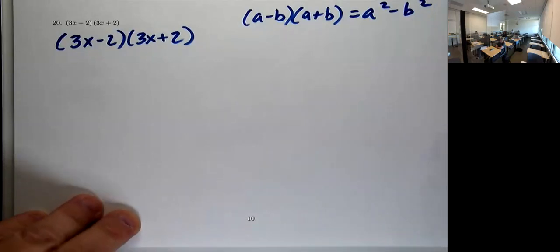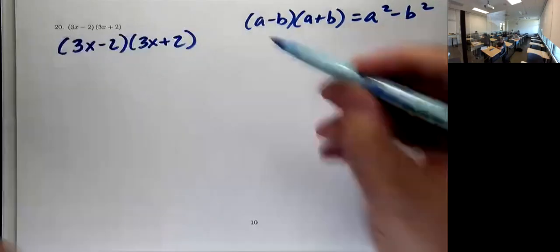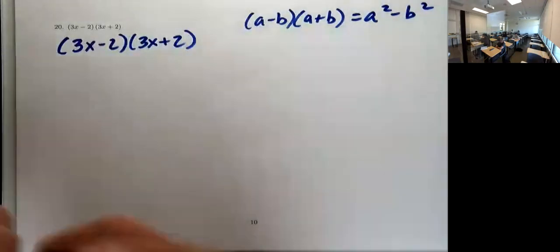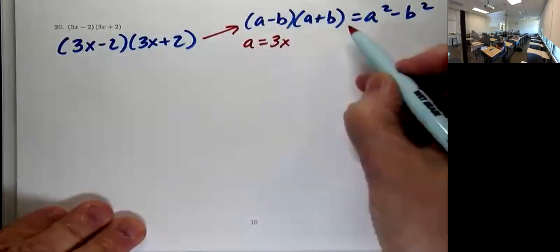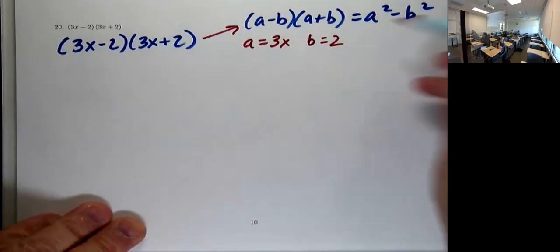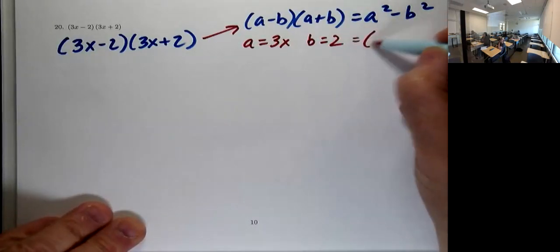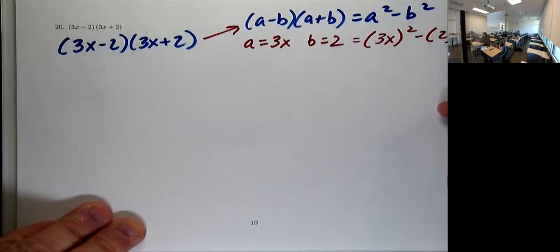I'll show both ways. Here, to get these 2 to match up, a has to equal the 3x and b has to equal the 2. Which means I would have 3x squared minus 2 squared.